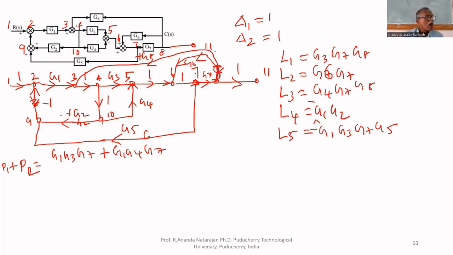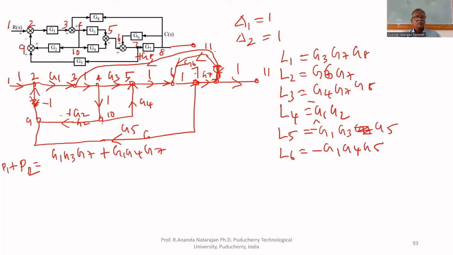G1, G3 only. G1, G3, G4. Okay. G1, G4, the same way. L6 minus G1, G4. Instead of G3, I can consider G4, G5.